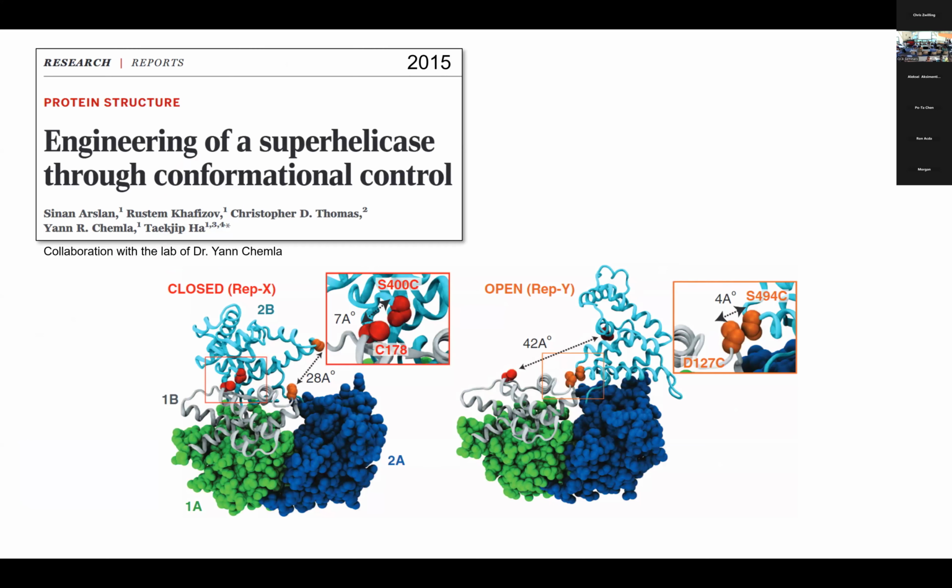At the same time, in the lab, in collaboration with Yang, they had figured out that the helicase Rep in a closed conformation, which we call Rep-X, has very strong processivity, and it targets the 3' overhang.